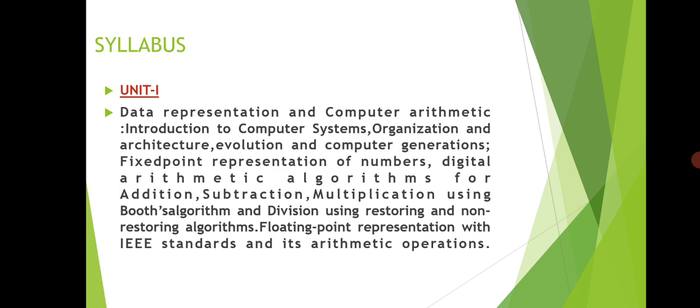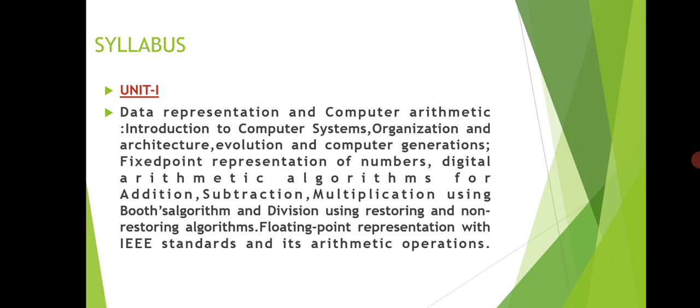In the second part, we will see two types of data representations. One is fixed point representation and the second one is floating point representation. How we represent fixed point and how we represent floating point, we will see those things.